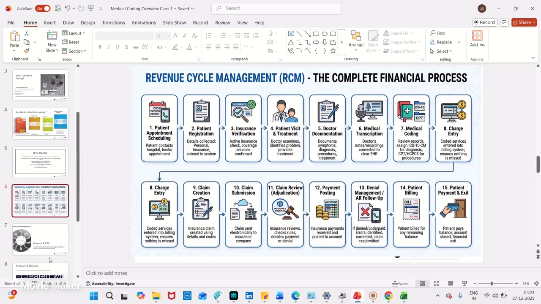Most hospitals follow a cash based or direct payment system. For example, a patient visits a hospital, the doctor examines the patient, treatment is given, and the patient pays the bill directly in cash or online payment.